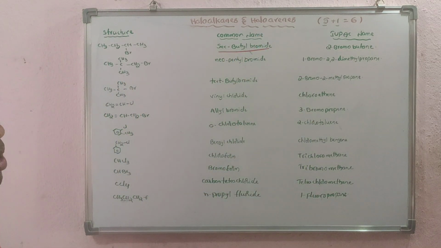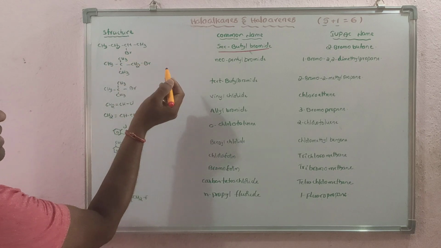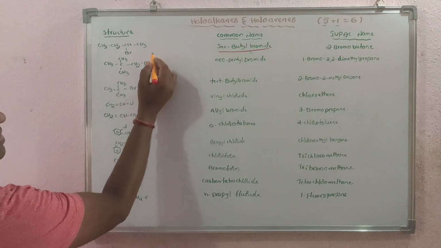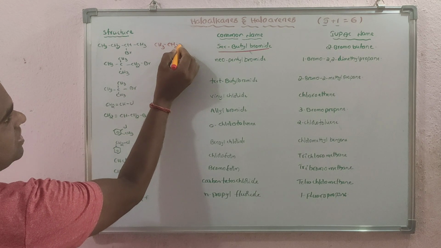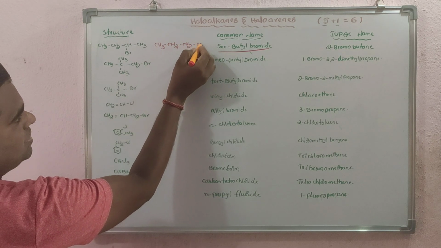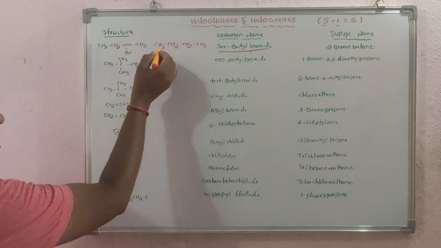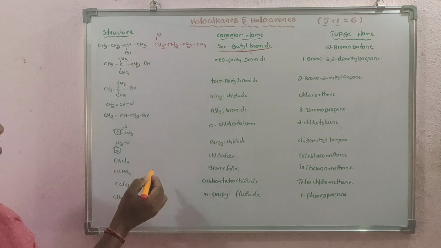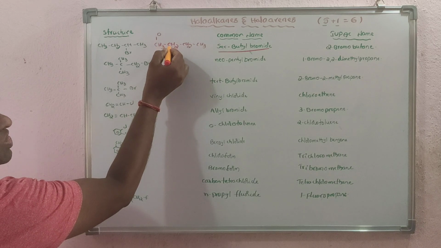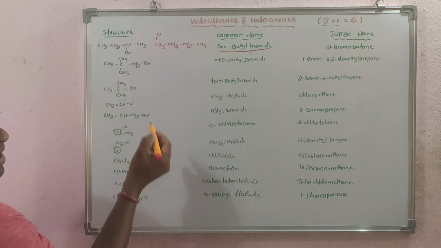Secondary butyl bromide. So why is it secondary butyl bromide? Because you know that if I write this compound CH3, CH2, CH2, CH3, the first carbon is a primary carbon, because this carbon is attached to only one carbon.